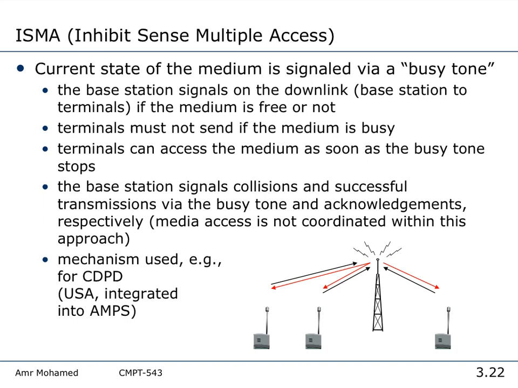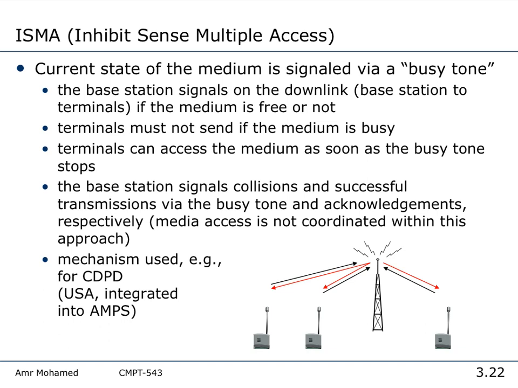The busy tone signal is a signal that the base station sends on a specific frequency, so that all the nodes can go to that frequency and listen to this busy tone signal before they decide to transmit anything. If this busy tone signal is there, then they don't transmit.